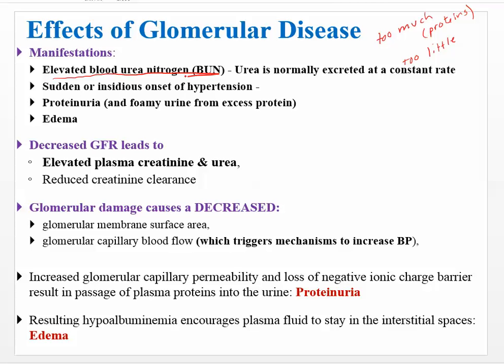So really, when we talk about blood urea nitrogen, mainly what we're talking about is urea. And urea is just a molecule that is made from broken down proteins. Broken down proteins, because those are all nitrogen compounds, amino acids, so proteins and amino acids.